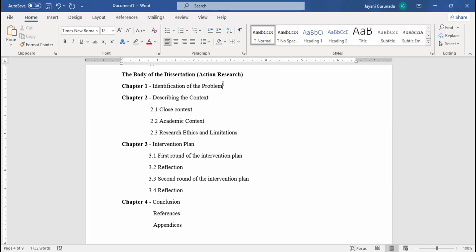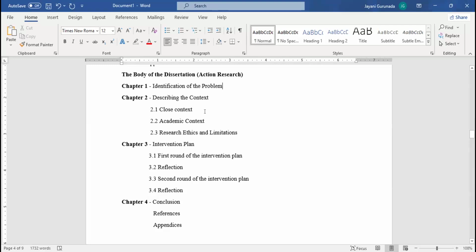There you observed this problem, or when you were marking papers, you identified it. First you give a general introduction about the problem, then write what your problem is and how you identified it.